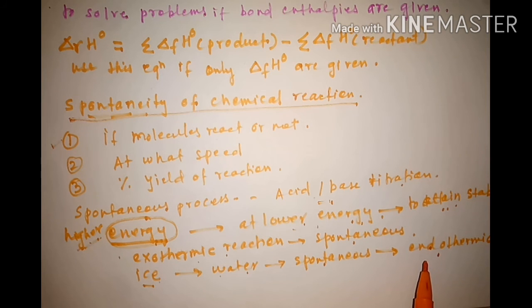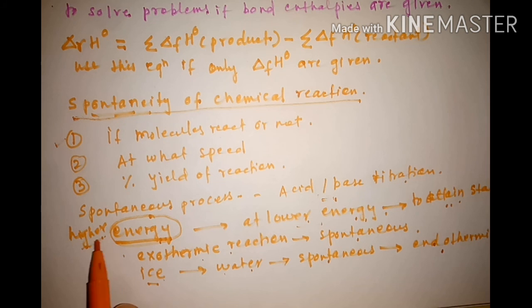So energy is not the only criterion. When I say a system should go from higher energy to lower energy, here exactly the opposite is happening. In the fusion of ice, there is absorption of heat energy; initially it was at low energy, and after some time when it is converted into water, it is at higher energy. But still it is spontaneous and endothermic.